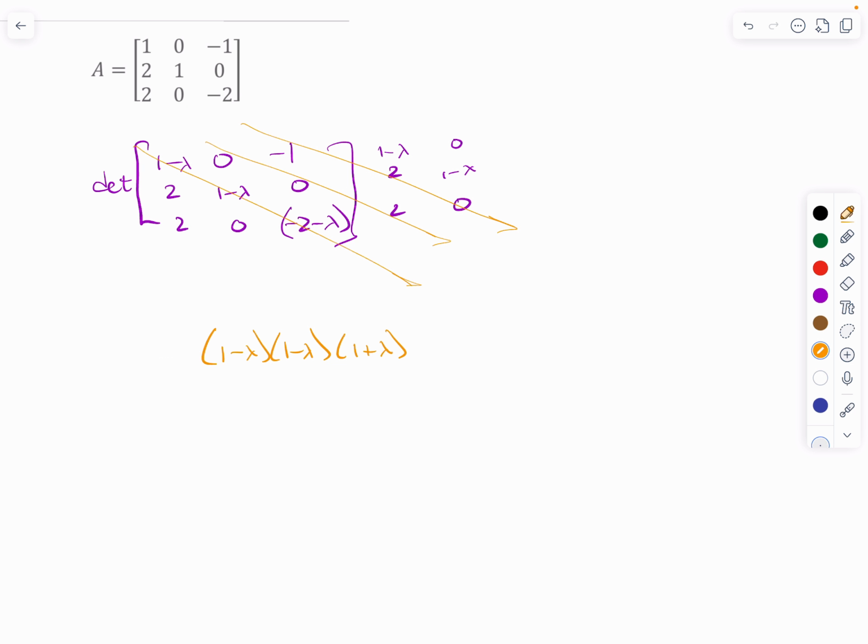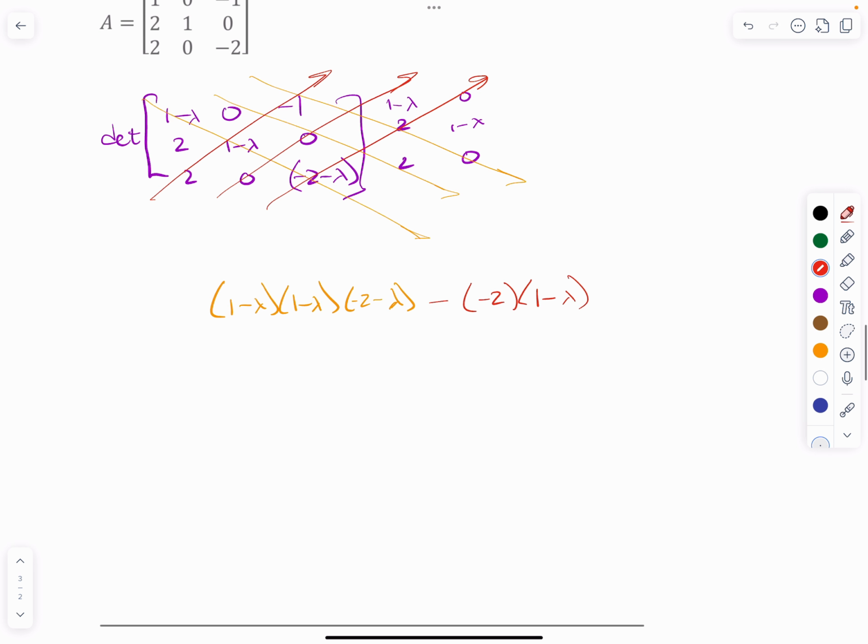Let me just leave it the way it is. I thought I was being cool, and I was being dumb. Okay, so there's the down diagonals. Now we do the up diagonals. Looks like only one of them is going to survive. And so you'll be left with minus negative 2 times 1 minus lambda. So let's see, I've got to do some algebra here. Give me a sec.